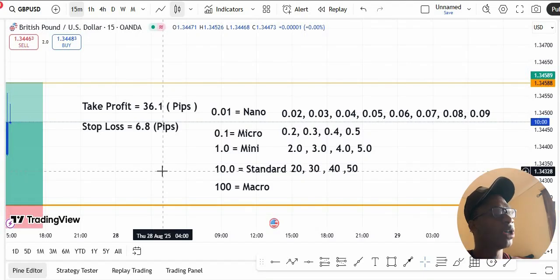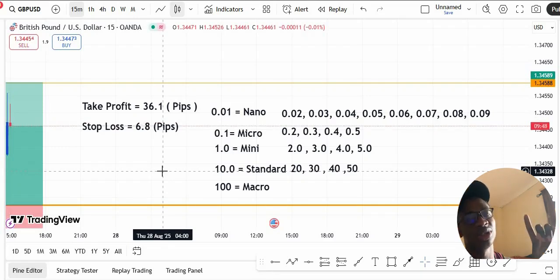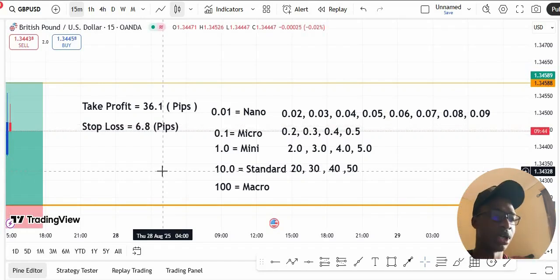For you to have $1, you will need 10 pips. You are using 0.01, so 0.01 will be disbursing 1 cent per pip. 1 pip, 1 cent, 1 pip, 1 cent.